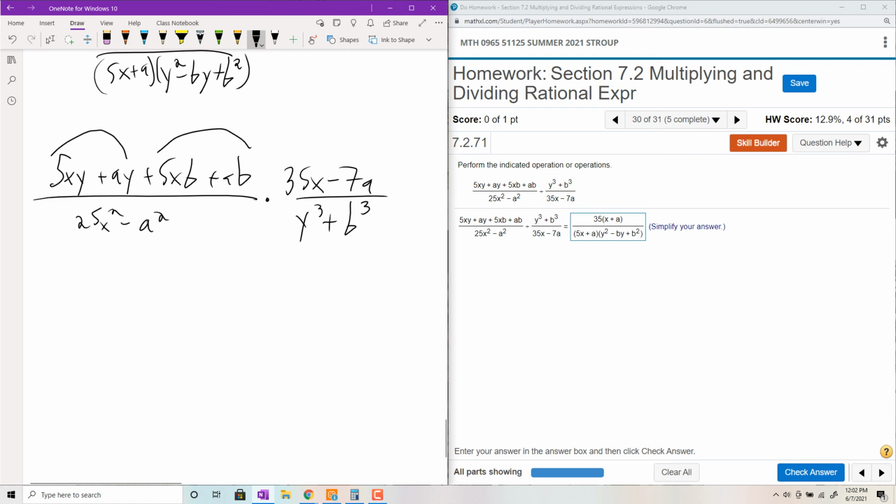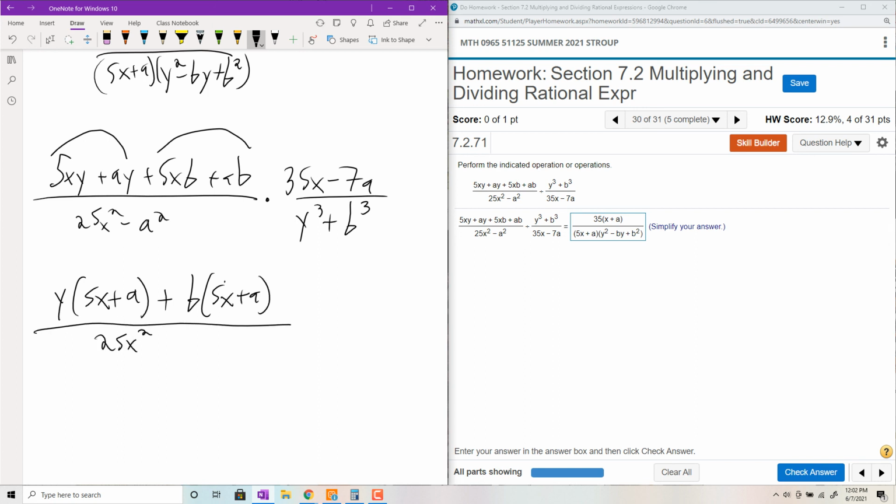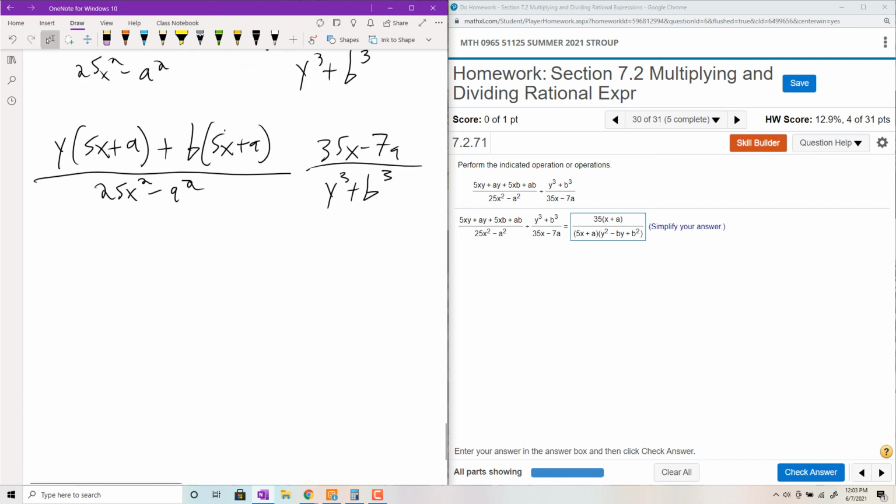You can only factor out a y. So I have 5x plus a, and in the second two you can only factor out the b. So you get b times 5x plus a, and then down below, I apologize, I'm so sorry, a all over y cubed plus b cubed.